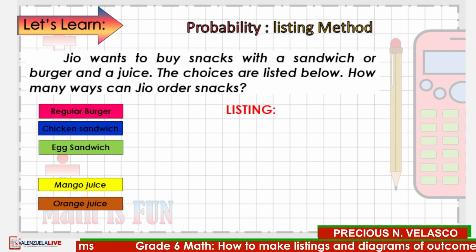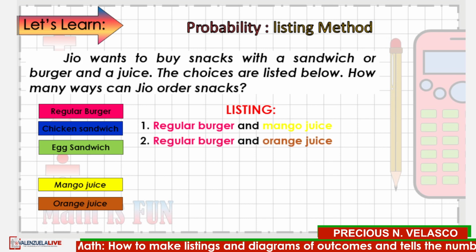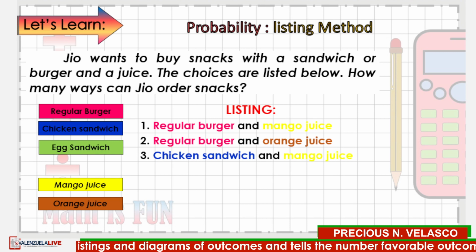For the first one, Gio can order regular burger with a mango juice. Also, Gio can order a regular burger and an orange juice. Another, Gio can order chicken sandwich and a mango juice.